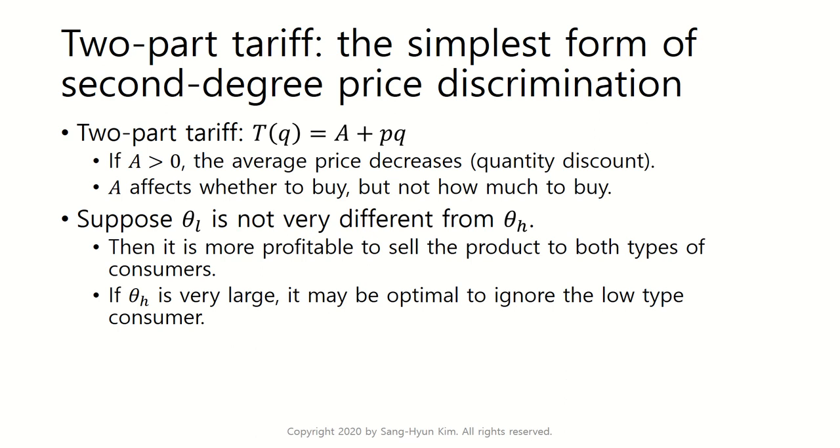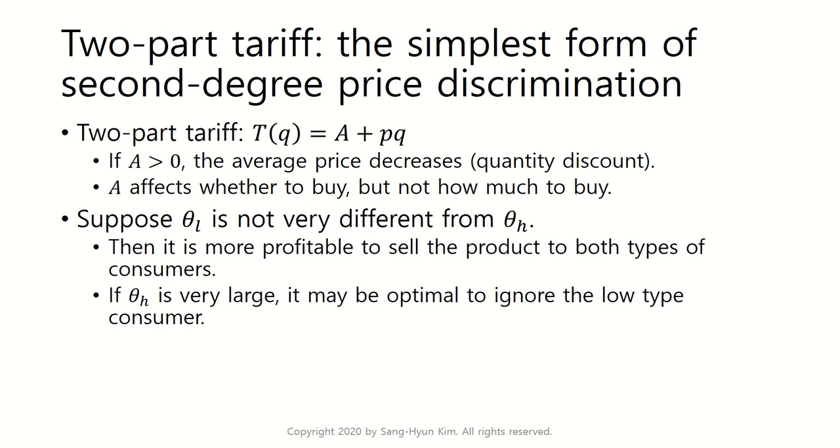It's like in a basic microeconomics course, where you have seen the average cost is decreasing if there is some fixed cost. Mathematically, it's the same. If there is a fixed fee, A, then the average price is decreasing.